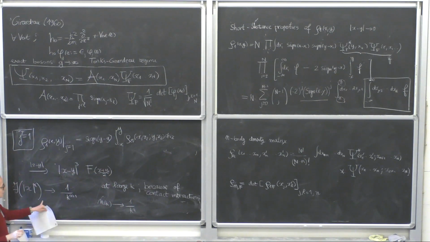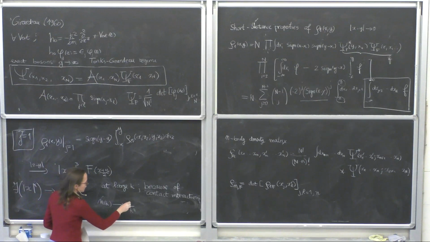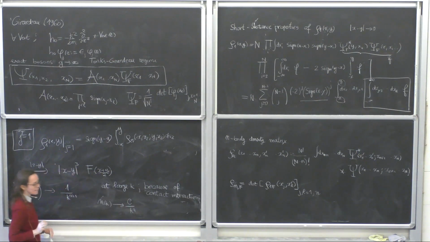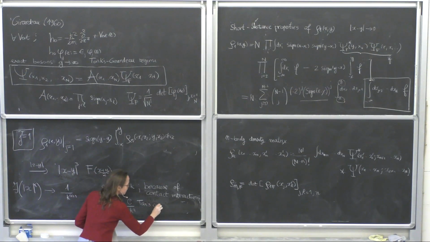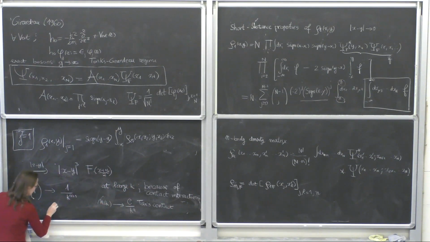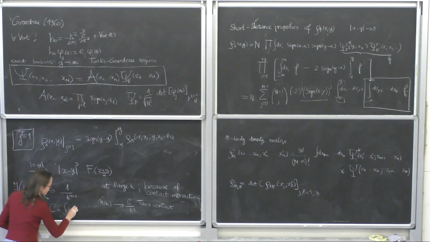And actually, we also know the prefactor. It's called capital C, or Tan's contact. And this capital C is related to the integral of my function f there.